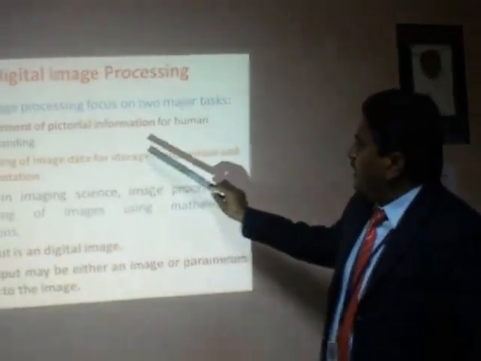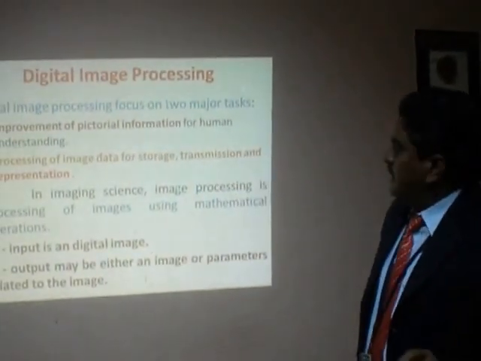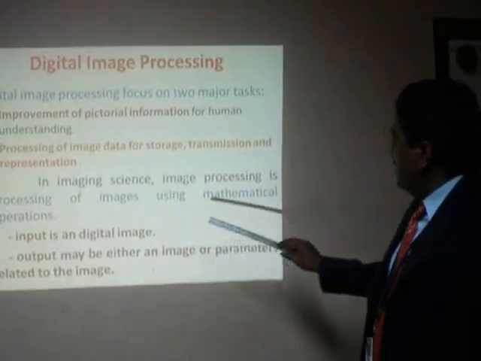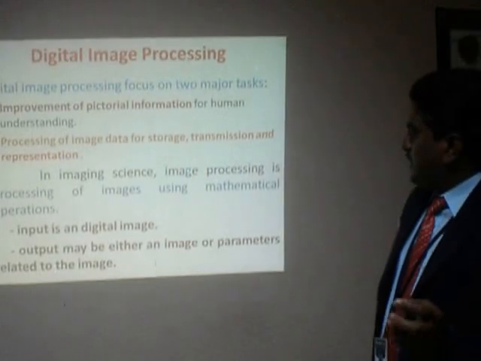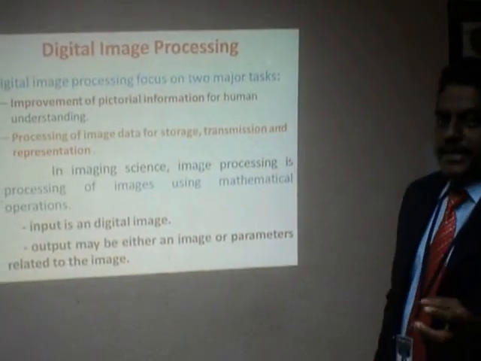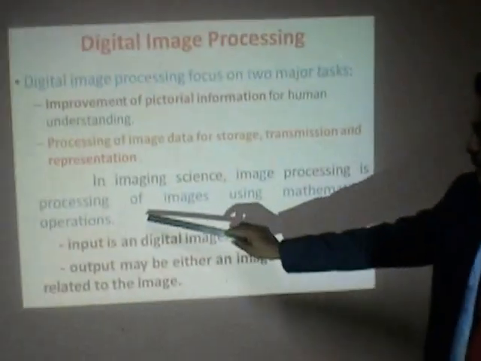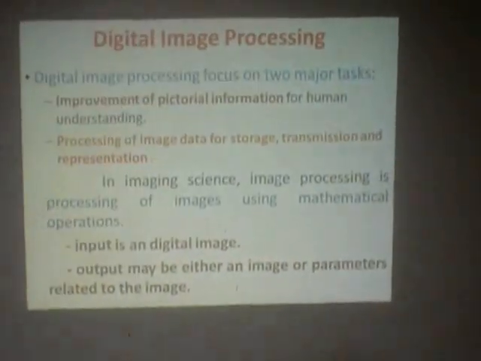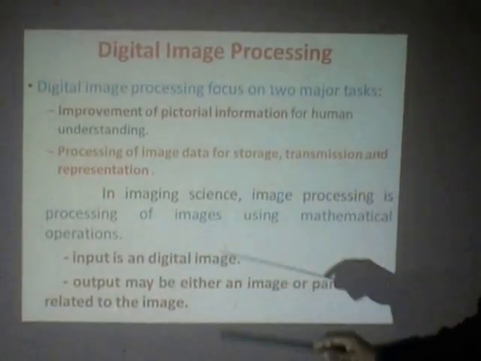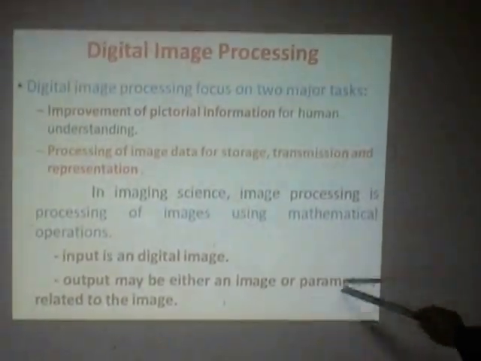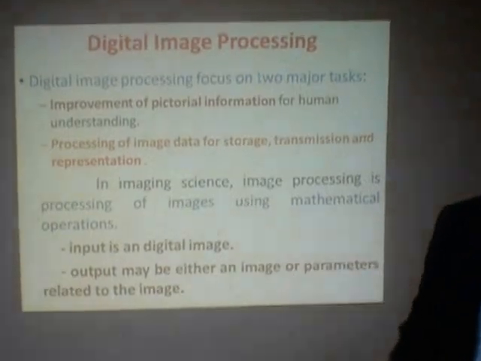These are the main two tasks in digital image processing. In imaging science, image processing is the processing of images using mathematical operations. That is the simple definition for processing, where the input is a digital image, and the output may be either an image or parameters related to the image.